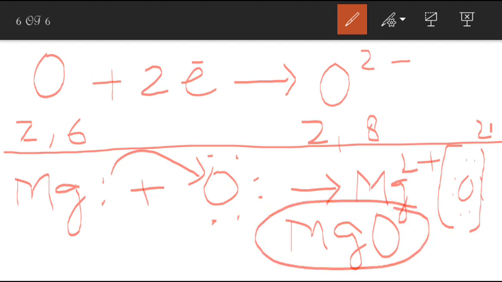And you also know about the chemical formula. I have discussed it in your 9th class. So this is the formation of magnesium oxide. So these were some examples by which ionic compounds are formed. In my next class, I will give you some information about covalent bond and covalent compounds.